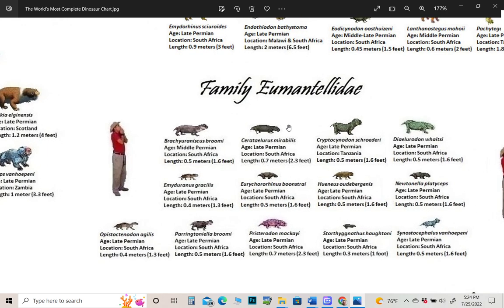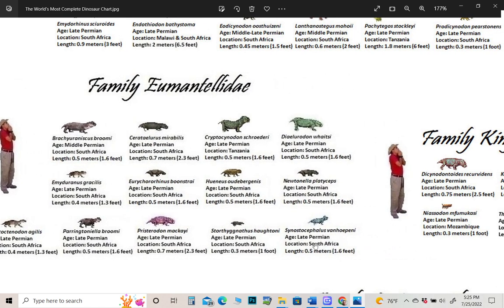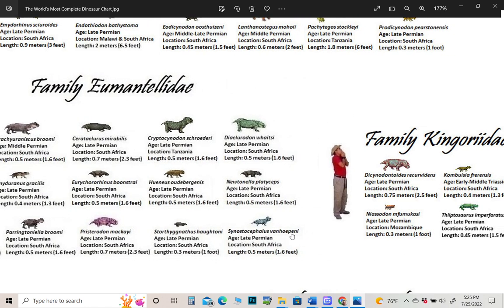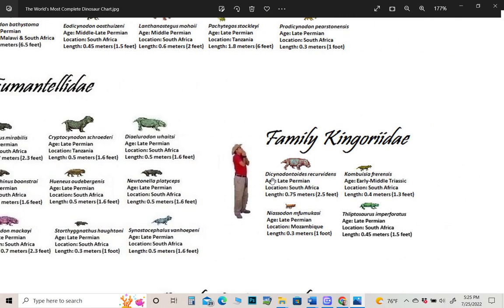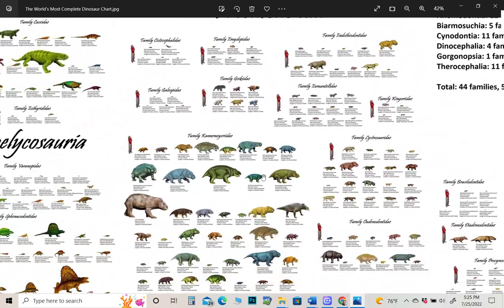Brachyureniscus, this is the Eumantelids again: Brachyureniscus, Cerata Illurus, Cryptocynodon, Diillurodon, Emidoranus, Eurycororhinus, Huneus, Nutanella, Opistoctenodon, Parringtoniella, Procerodon, Sterignathus, Cynostocephalus. The Kingorids, Dicynodontoids: Combusia, Niasodon, Phliptosaurus. Okay.